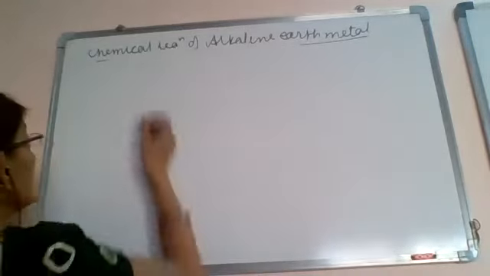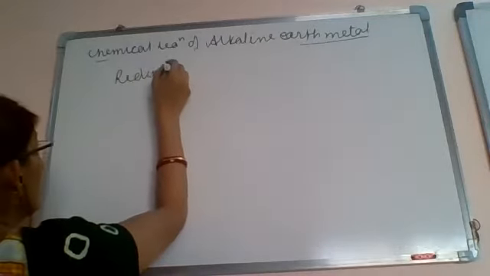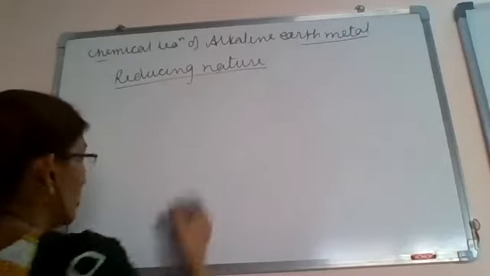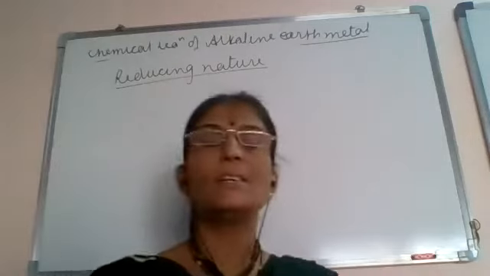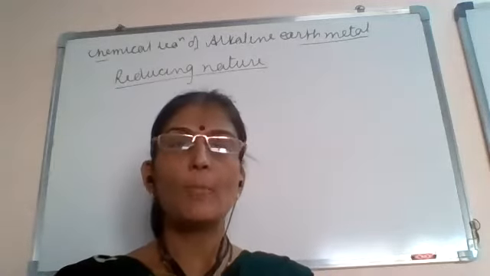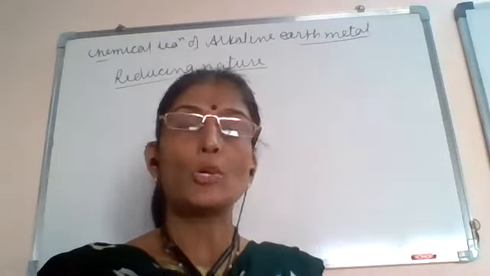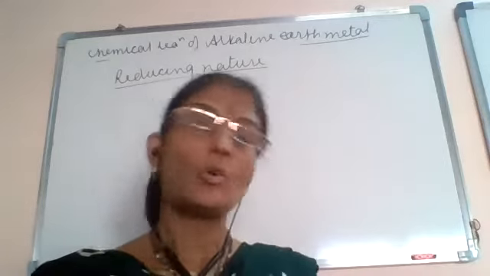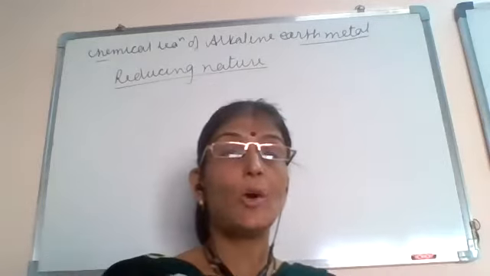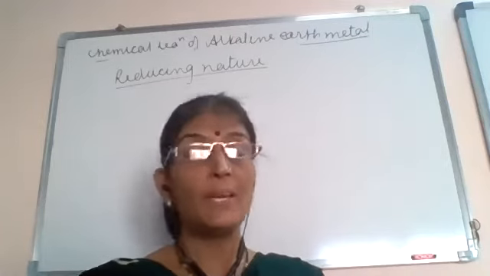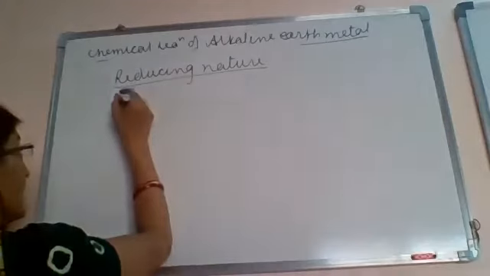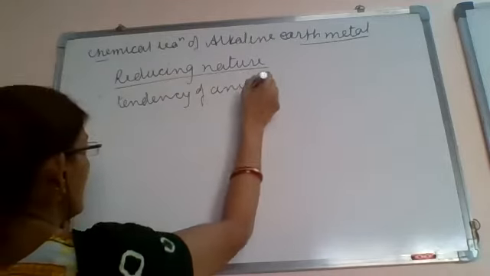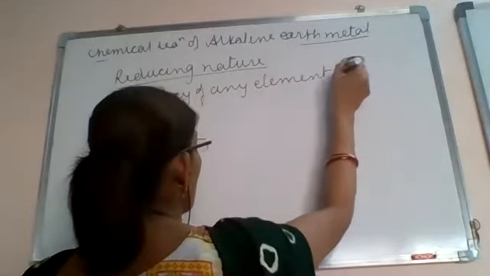क्या होता है reducing nature? Very important. दो टाइप के कंपाउंड्स होते हैं, ऑक्सीडाइजिंग एजेंट, रिड्यूसिंग एजेंट. लोअर स्टैंडर्ड में थोड़ा बहुत आपने पढ़ा हुआ है. ऑक्सीडाइजिंग एजेंट टेक पार्ट इन रिडक्शन एंड रिड्यूसिंग एजेंट टेक पार्ट इन ऑक्सीडेशन. क्या होता है रिड्यूसिंग एजेंट या रिड्यूसिंग नेचर ऑफ एनी मेटल? रिड्यूसिंग नेचर मीन्स tendency of any metal, any element to lose electron.